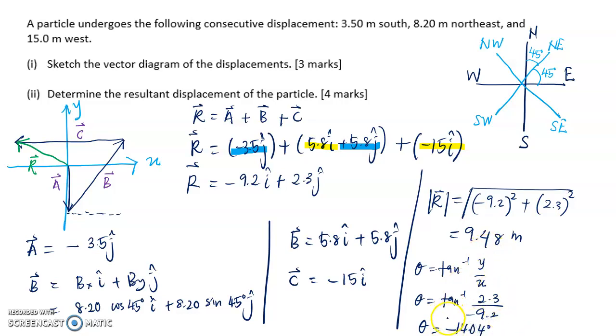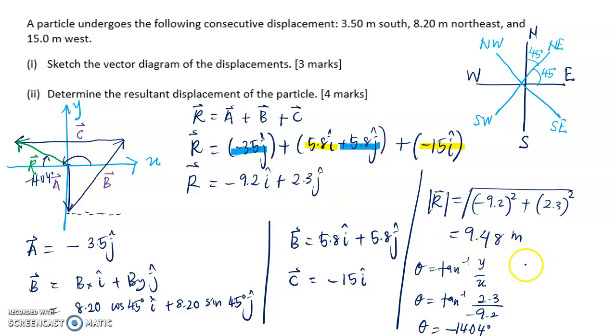But this is not the correct angle, because negative 14.04 degrees here is actually measured from the negative x-axis, whereas we should report our angle from the positive x-axis.